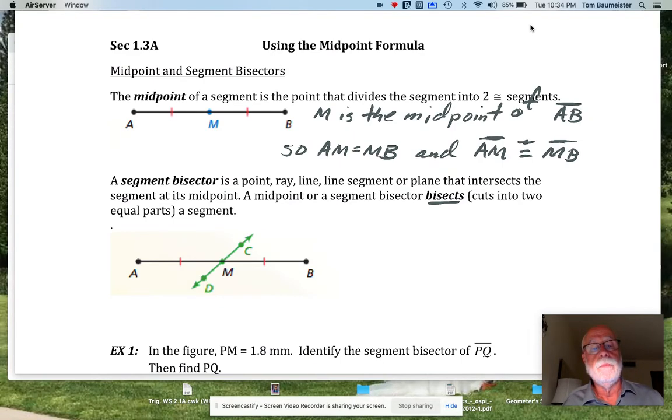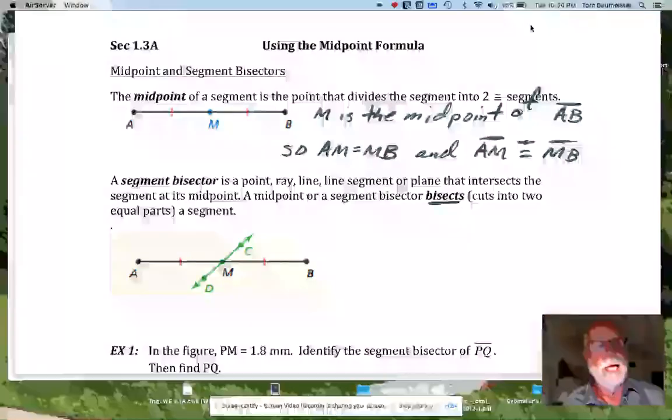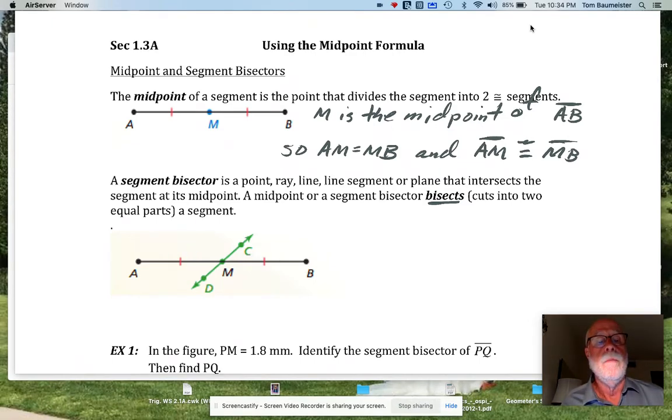It's true because of the tick marks right there and right there again. So we know that line DC bisects, even though it's not perpendicular, it's still going through M, the midpoint. So it's going to bisect line segment AB.